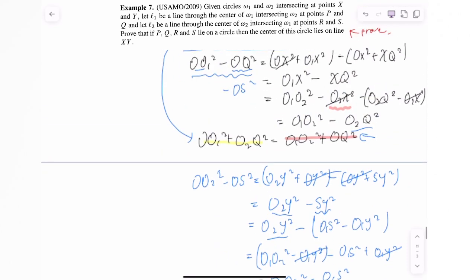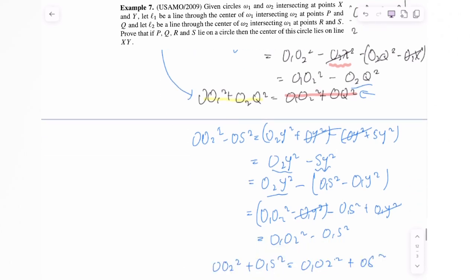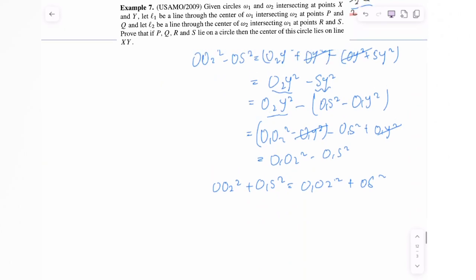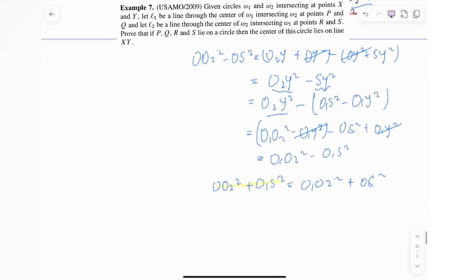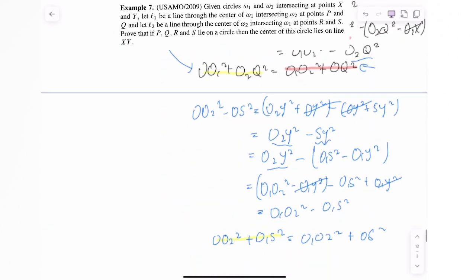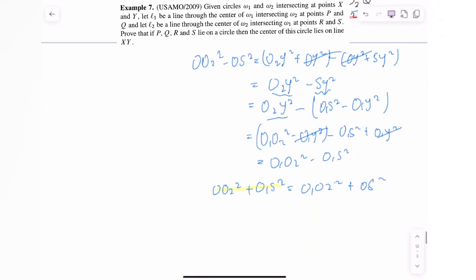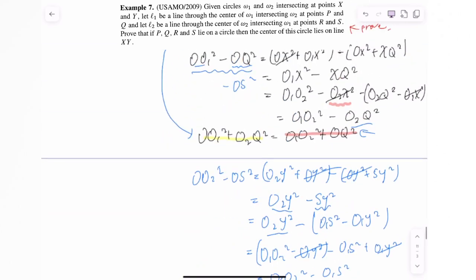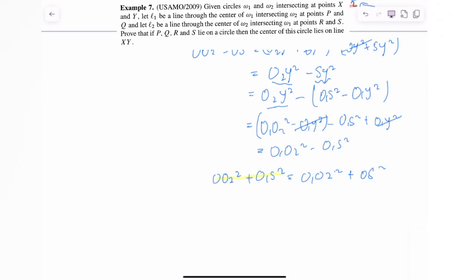Right now, we have the right side correct, O2O squared or O1S squared, but the left side is O1O2 squared plus OS squared, which is wrong.